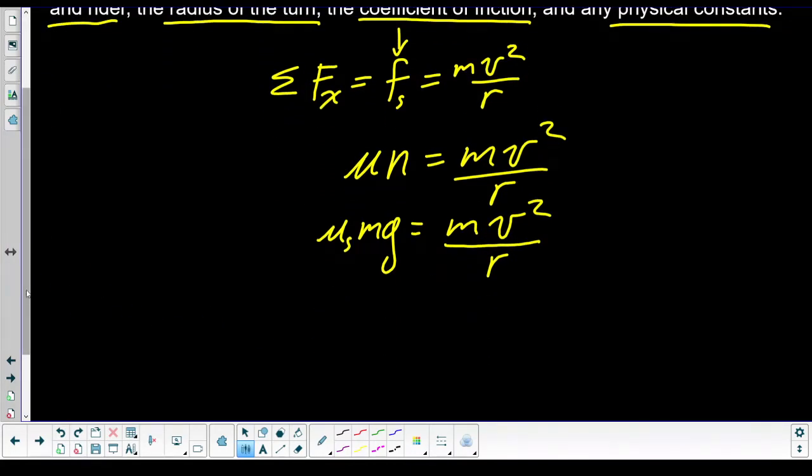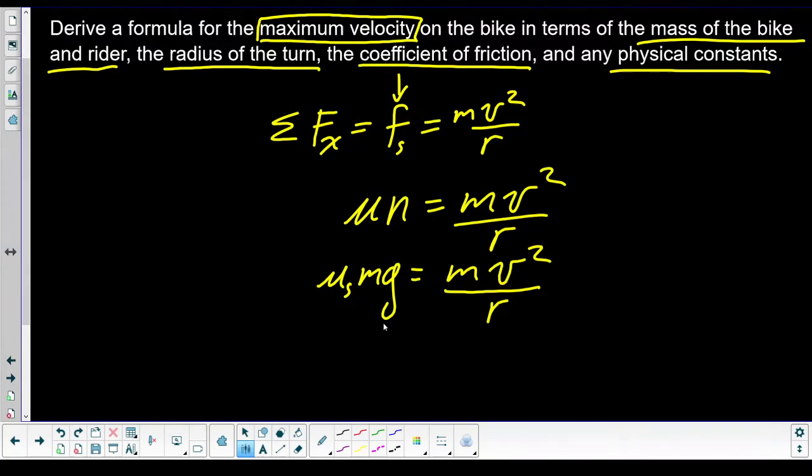And let's see, am I using just the variables they asked for? Coefficient of friction, good. Mass, yep, that sounds good to me. g, that's a physical constant. Mass again. Velocity is the thing I'm looking for, so that's fine. Radius of the turn, right there. So all of these are allowed variables.